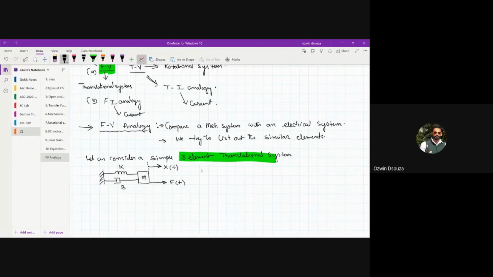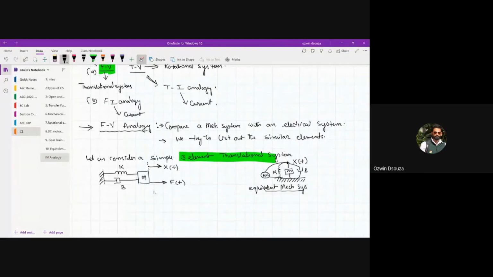Let us write down its equivalent mechanical system. The other day we have seen, the equivalent mechanical system will have a node x of t, and a reference frame, your mass element, frictional element, spring element, and the force function.